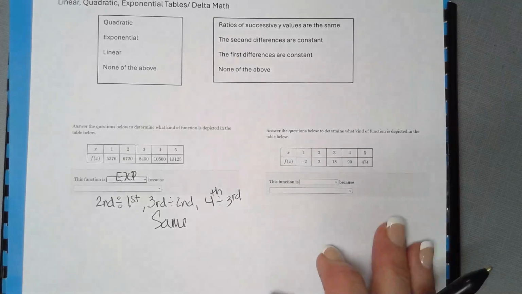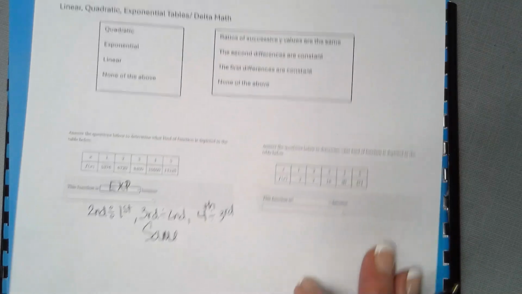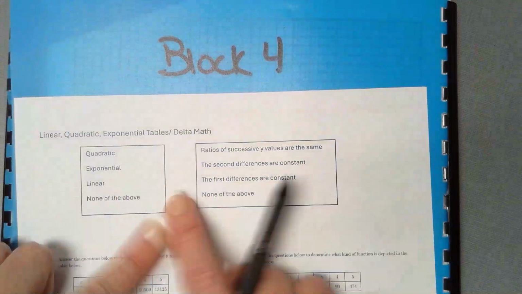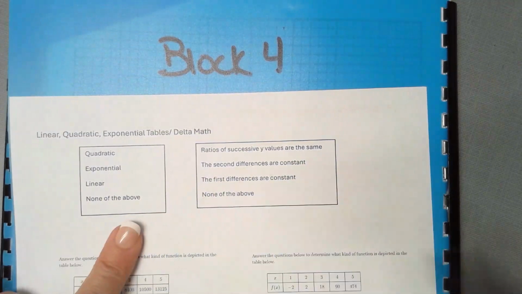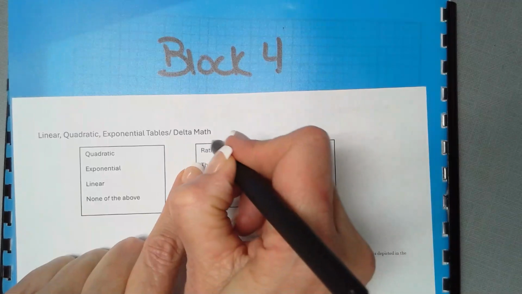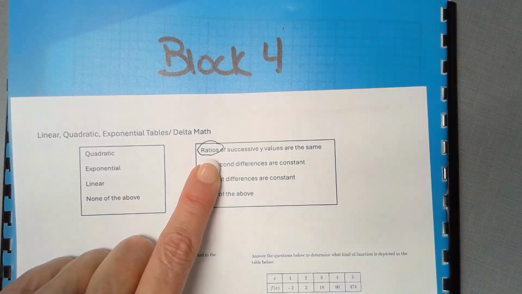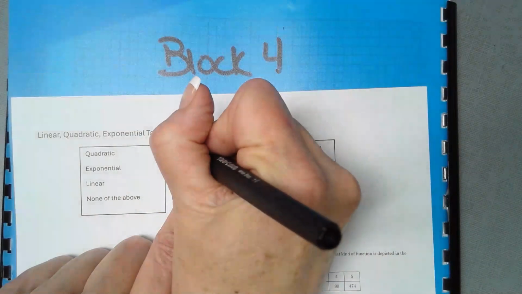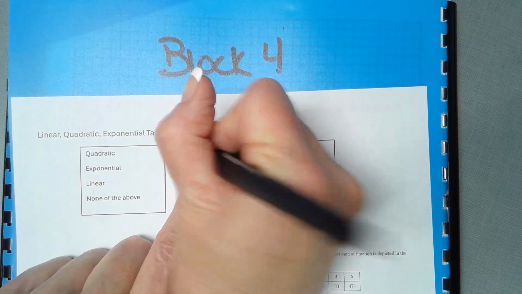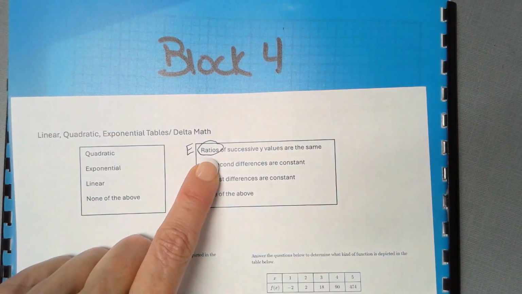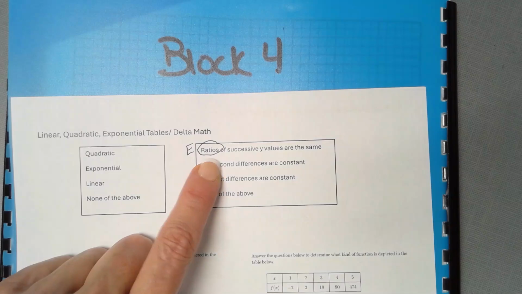Now, y'all, the reason why, you need to pay attention. If you notice, I put them up in these boxes. Y'all, the reason why is because of that. Remember, a ratio is something divided by something. That's a ratio. So, y'all, the ratio is the one that's exponential. So, in the second drop-down box, you would click ratios of successive y values are the same.